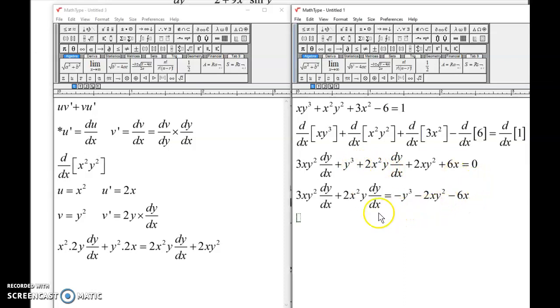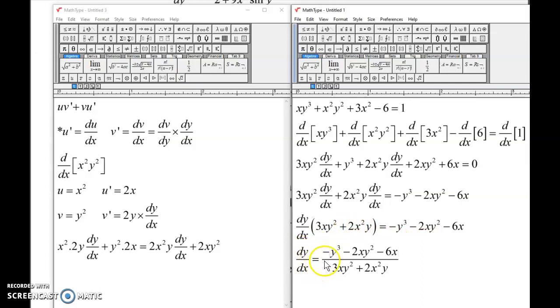After we arrange it like this, we can factorize dy over dx out. So this is what you get. And lastly, we can bring this function to the right hand side to give us the answer for dy over dx. So this is the answer, the result of our implicit differentiation.